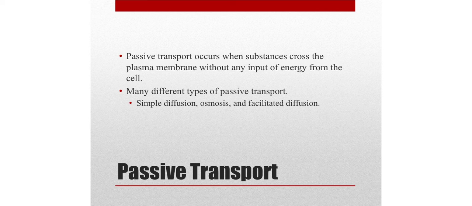Concentration, I'll define this word in class as well, but again, we're going from high to low concentration. So in passive transport, we do not require any energy. And there are different types we're going to talk about in class: simple diffusion, osmosis, and facilitated diffusion.